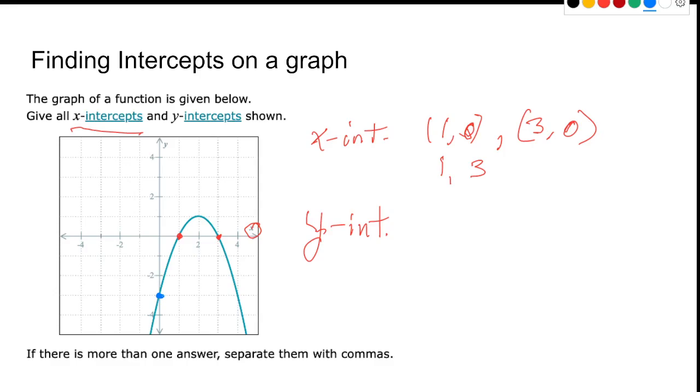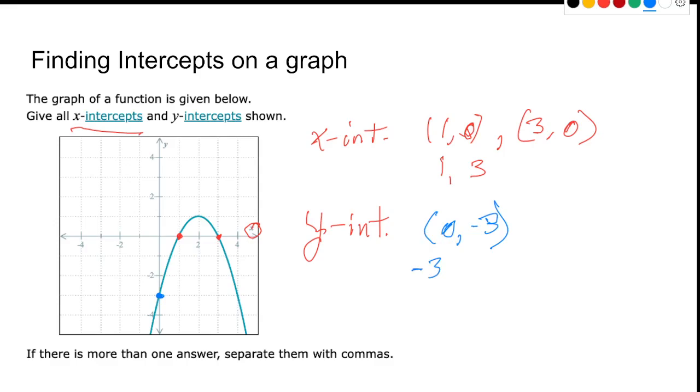And so what we can see is that the y-intercept is, the y value is -3, the x value is 0 because we haven't gone left or right. And so we can write that as 0, -3. Okay, and again, sometimes if they just want the value of the y-intercept, we put the number -3.